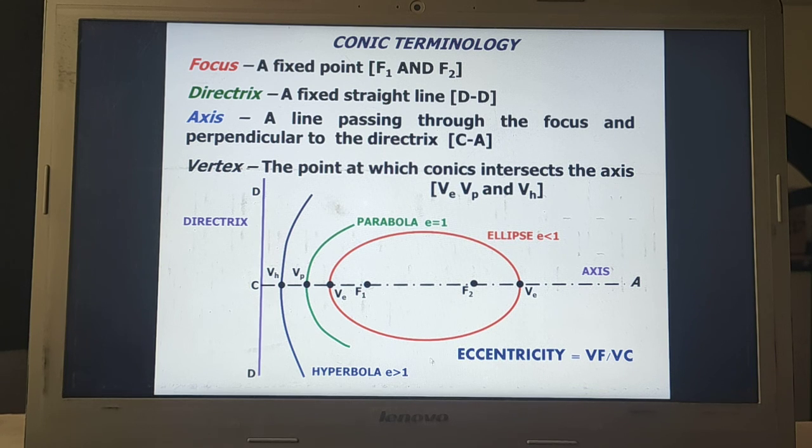And what eccentricity is: it is basically a ratio, VF upon VC. VF is the distance of the vertex from the fixed point, upon the distance of the vertex from the directrix. So this upon this is nothing but the eccentricity. Understood?